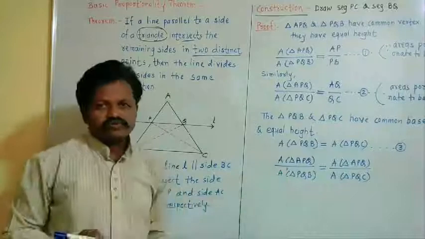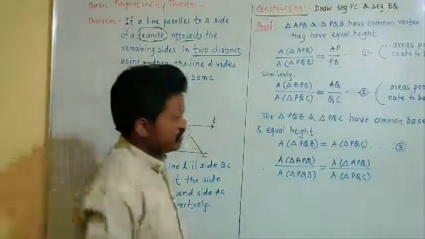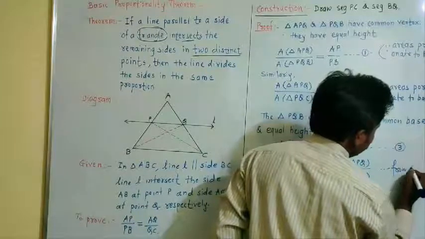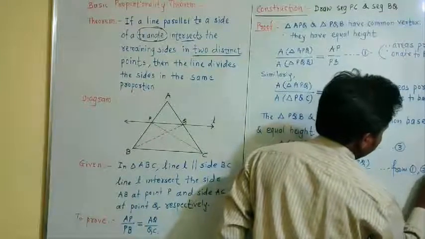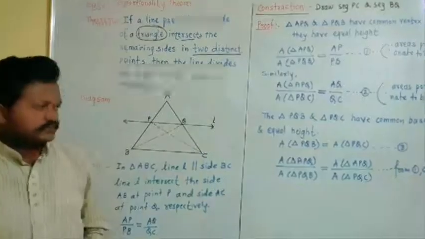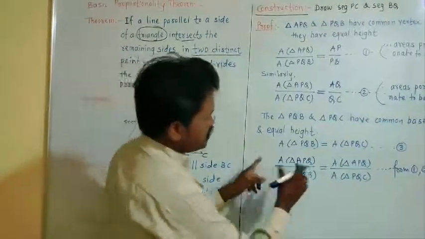So these two ratios are equal. There you write the reason from 1, 2 and 3. Now these two ratios are equal.